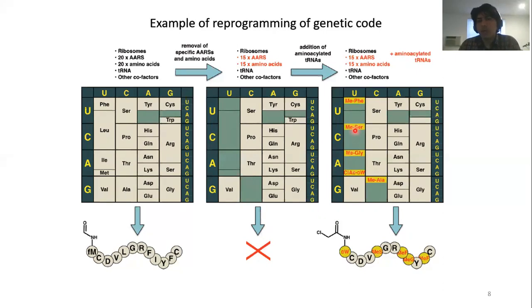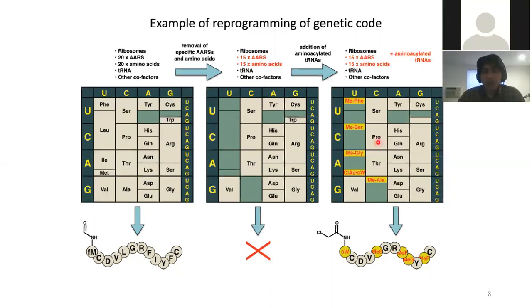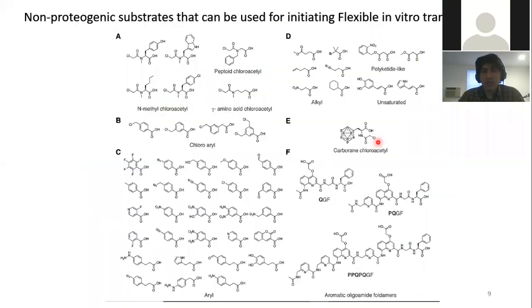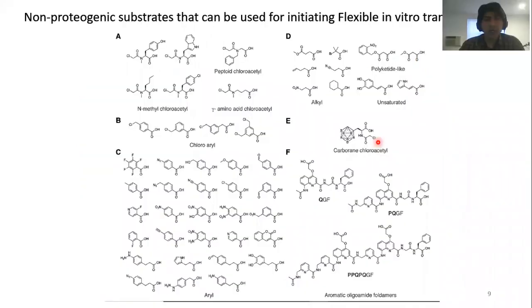Now it has one less hydrogen bond, so that decreases the solubility and the hydrophobicity increases, right? So you want to do that. This is how you incorporate different amino acids which are non-proteogenic.